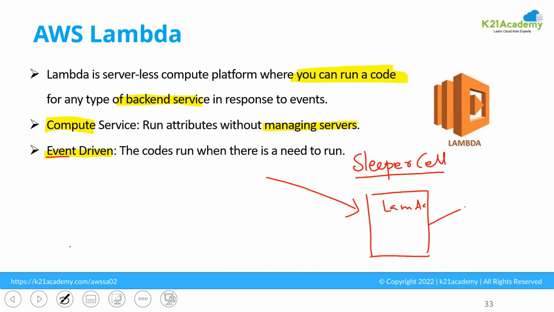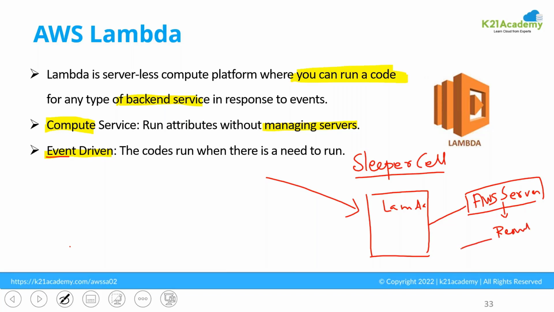Then that Lambda function will get loaded into the fully managed servers by Amazon. So that means AWS servers which are not managed by you, but managed by Amazon. It will get loaded into it and the function will get executed and the result will be given, whatever result it is.